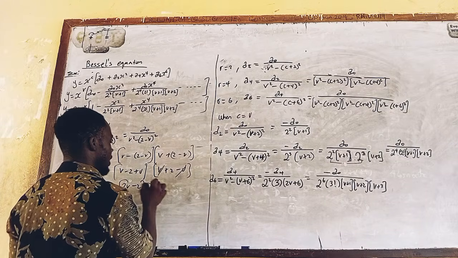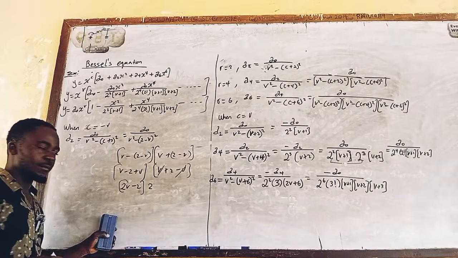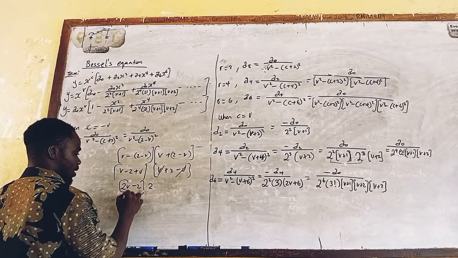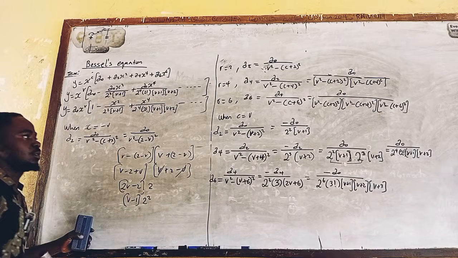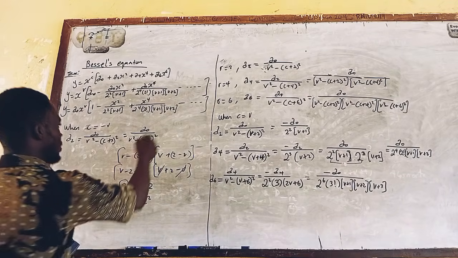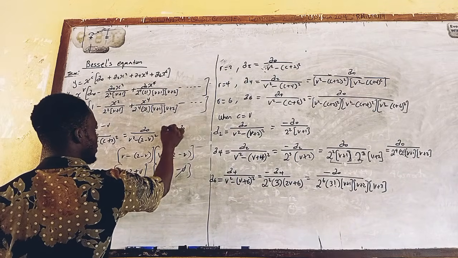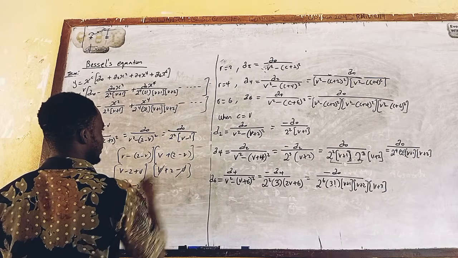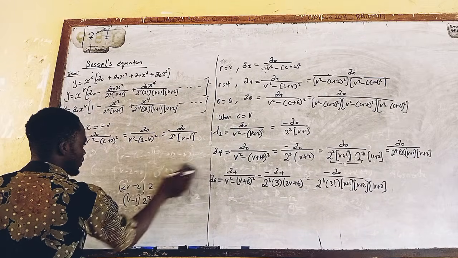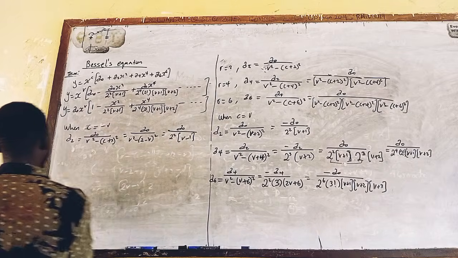This one cancels this one, we have 2. So 2 is common, that's v minus 1, 2 raised power 2. This is what we're going to have. So it's going to be a naught over 2 square v minus 1. That's what we have.